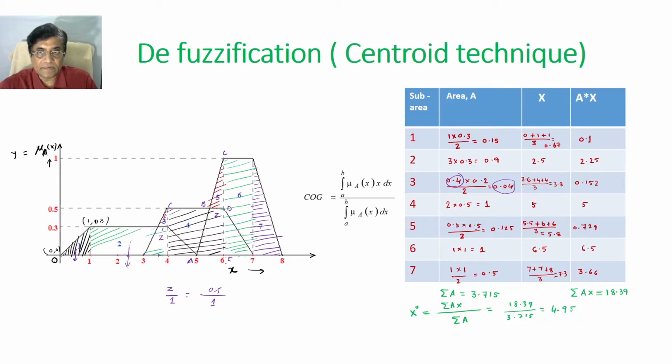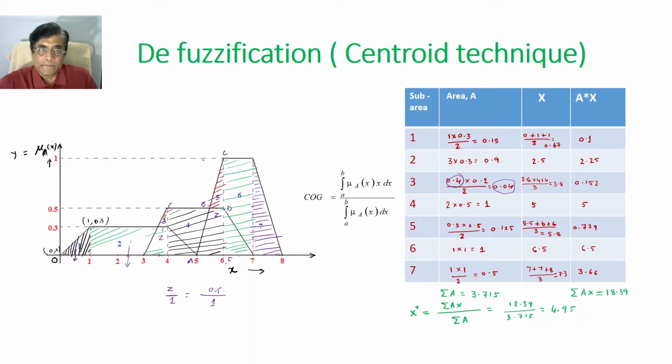So 0.5 times 0.5, half base into altitude equals, so this is what, and then you need to figure out the x coordinate of B, D, and C, and then calculate the centroid. So for 5.5 plus 6 plus 6 divided by 3, 5.8, and then you are getting this.